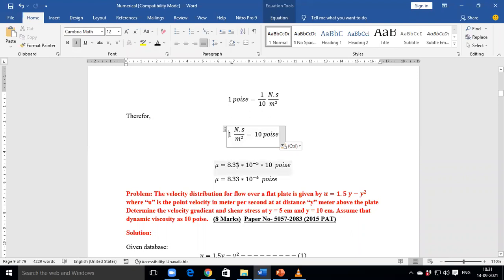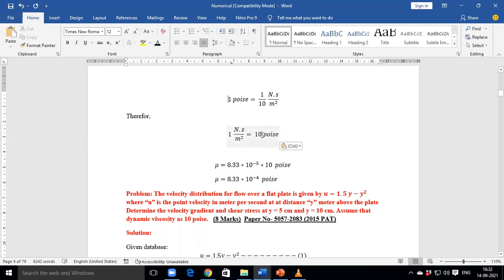So mu is equal to 8.33 into 10 to the power minus 5 into 10. How is this 10 multiplied instead of divided? Because with this unit conversion, 1 poise is equal to 1 by 10 Newton second per meter square, therefore 1 Newton second per meter square is equal to 10 poise.